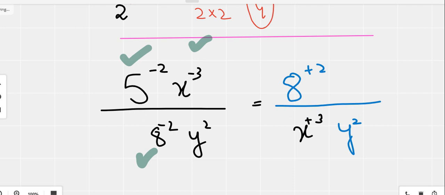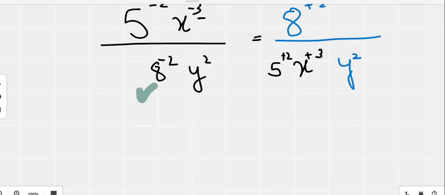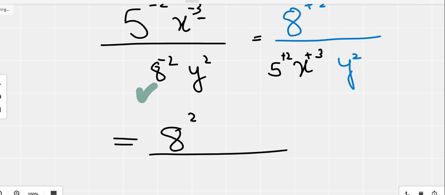When you bring the x down, it becomes positive, and when you bring the 8 to the power 2 on top, that becomes positive. Now which one is remaining? 5 to the power of 2. So 5 to the power of positive 2. After that, I can open the 8 squared, like I have 8 squared over 5 squared, x to the power of 3 and y squared.